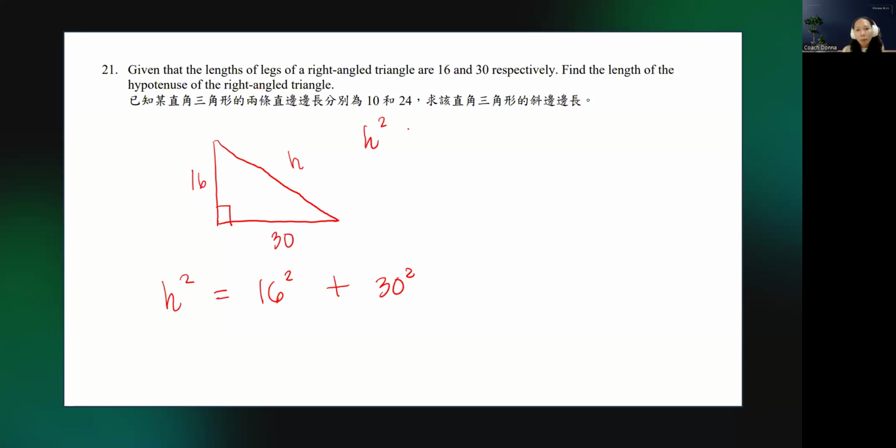In general, hypotenuse squared is equal to leg A squared plus leg B squared. Or we could have another form, that h is equal to the square root of leg A squared plus leg B squared.